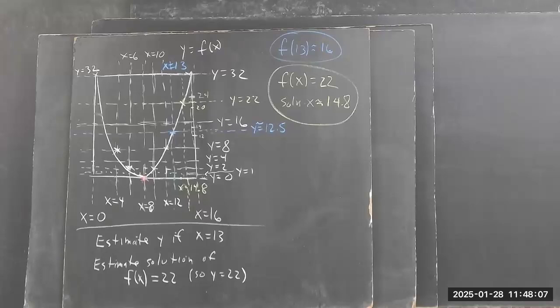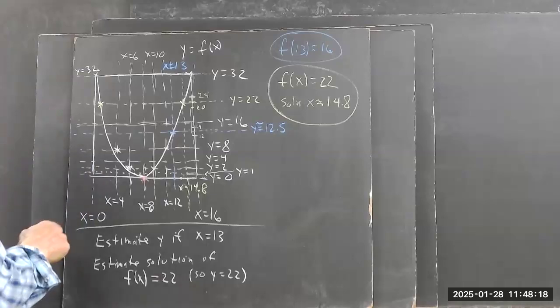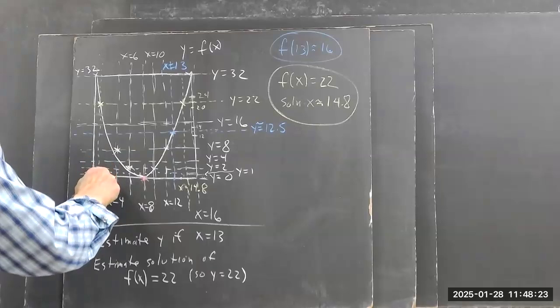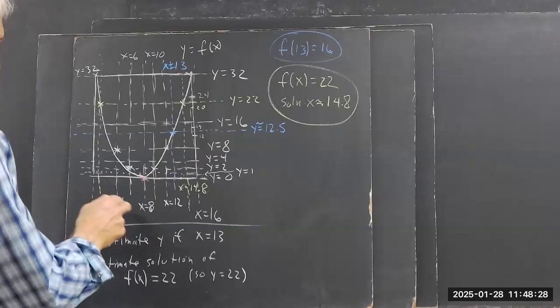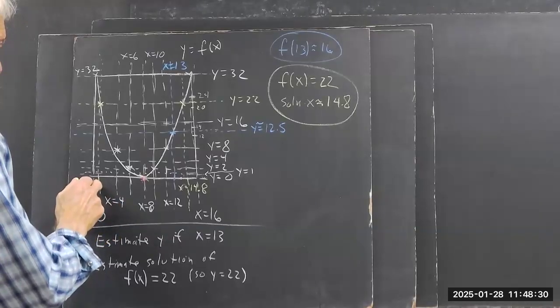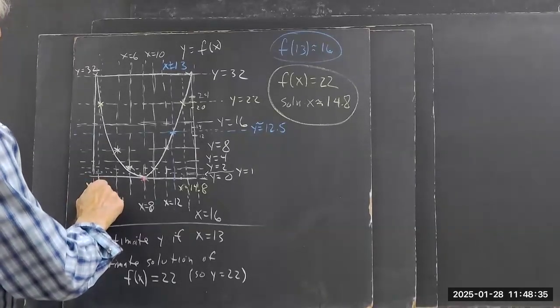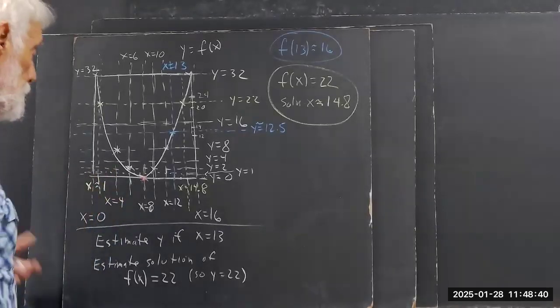Okay, thank you. Got a really good comment here. So, hey, wait, there's another mark on the line. So I better put that mark on the line. And that looks pretty close to x equals 1.